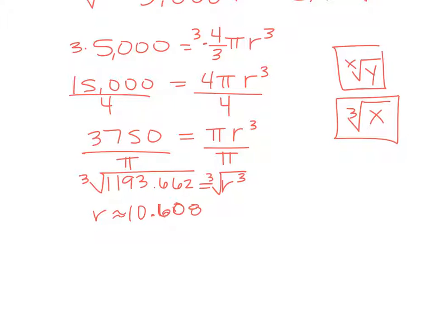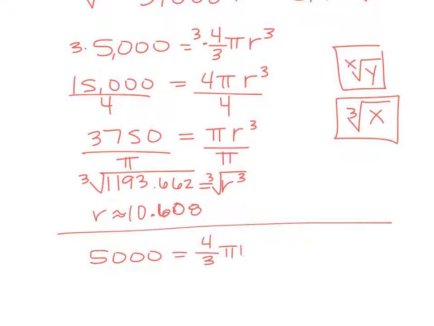We want to find surface area. But if you want to do it the other way, the just plug it into your calculator way, okay? We have 5,000 equals 4/3 pi r cubed, okay? To get rid of a fraction in math, do you know what you do with it? You multiply by the reciprocal.